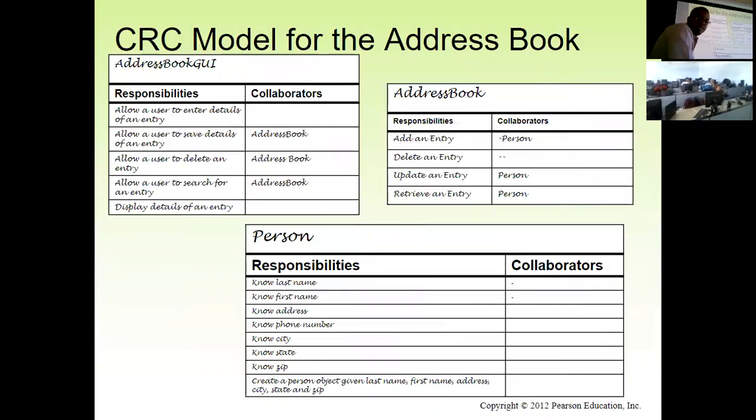Now, putting it all together, we realize that we have 3 classes with their responsibilities and their collaborators. Okay? We looked at all of these one by one already, but now we're getting closer to the full picture of which class, what each class is going to do, and who will be working together in order to get it done. Right?